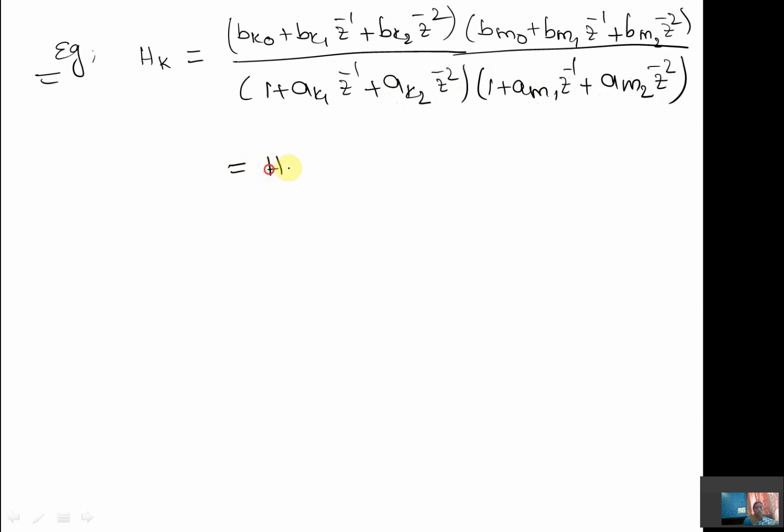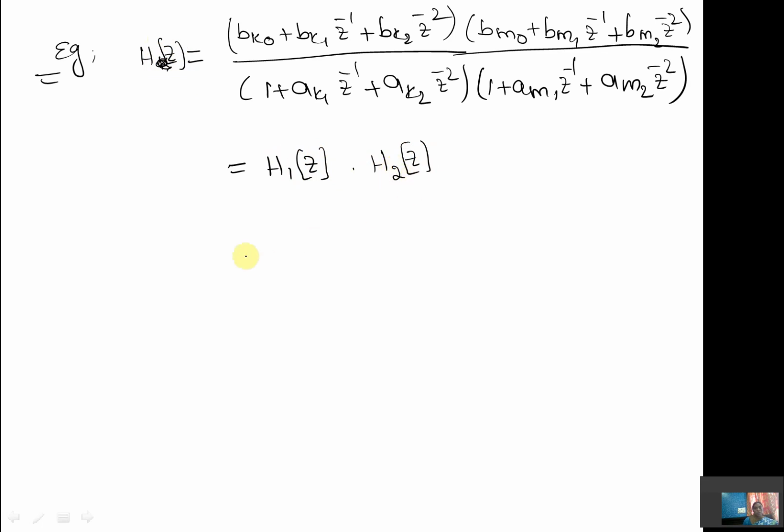So okay, if H(z) is like this, I just split this H(z) into two system functions.